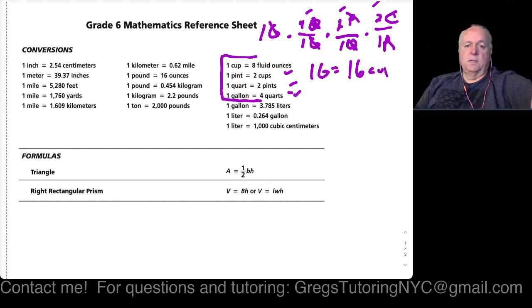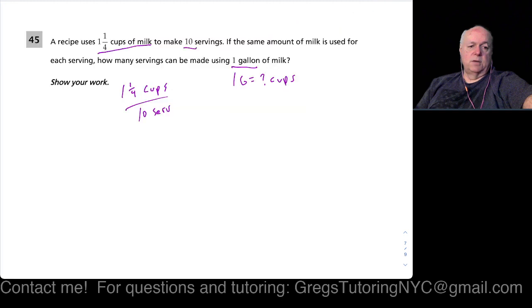Okay, so you either need to memorize that, or go through this conversion, if it's available to you. That's one reason to memorize how the conversions work, because it's not always available to you. It's part of your grade level math requirement, so you really should know that at this point.